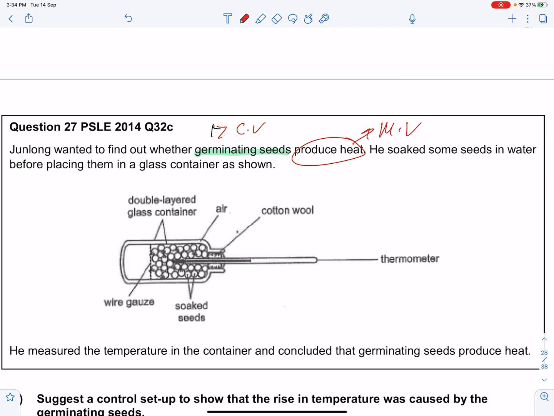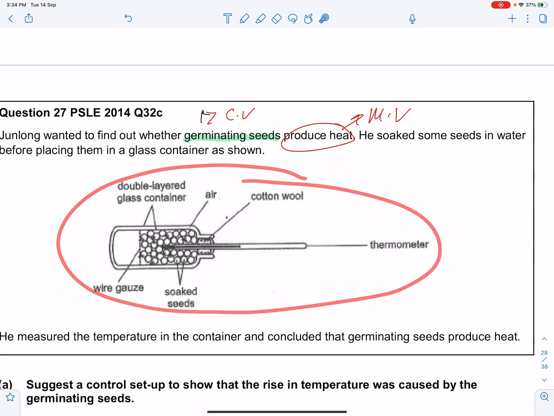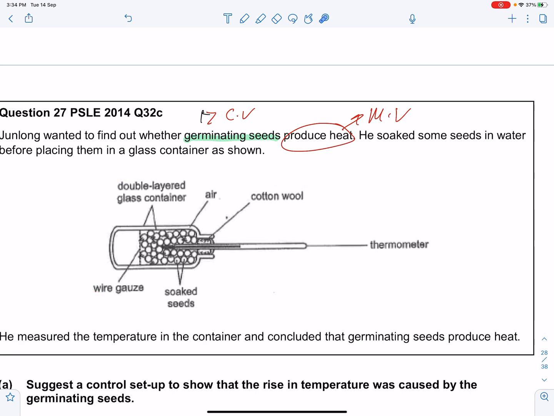Right? Now, after that, suggest a control setup to show that the rise of temperature was caused by germinating seeds. So everything else should be the same except that your seeds cannot germinate. Right? There shouldn't be any germinating seeds.